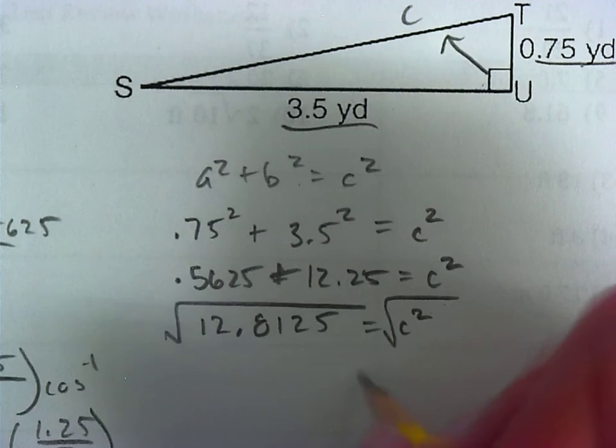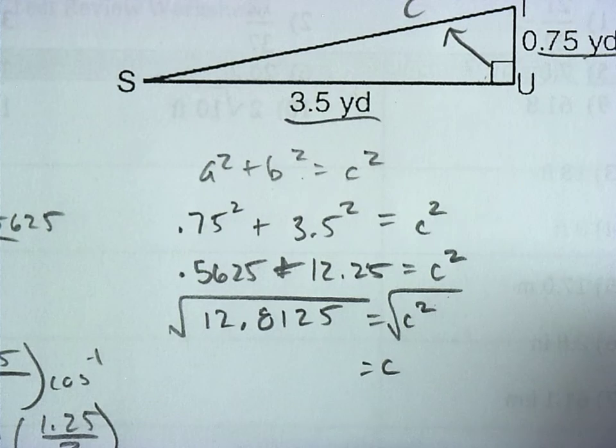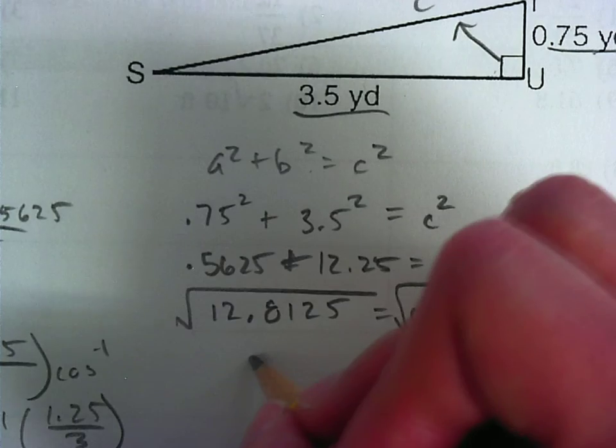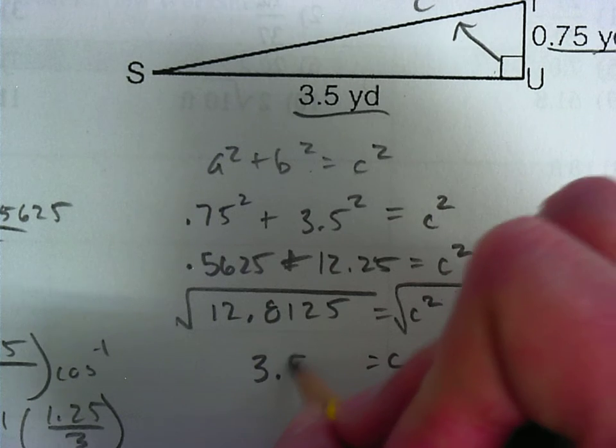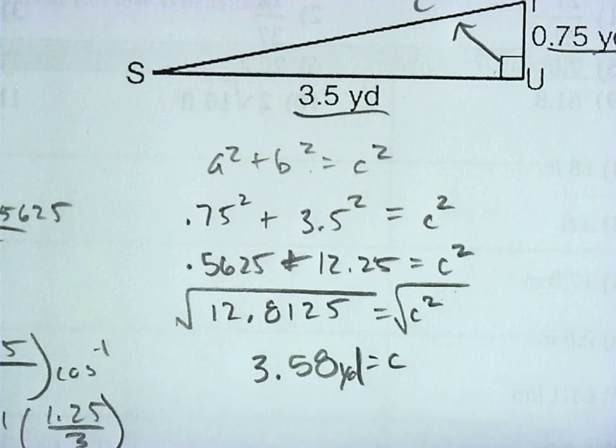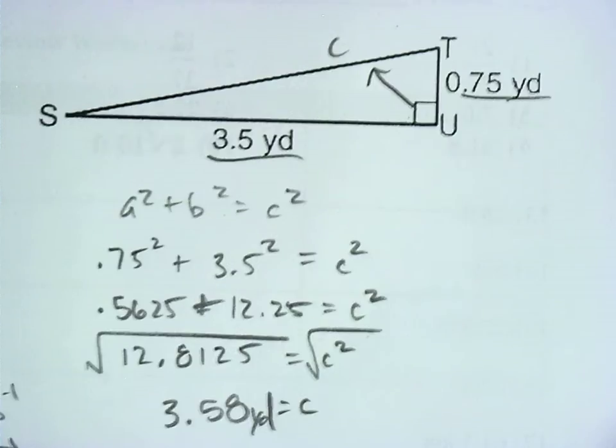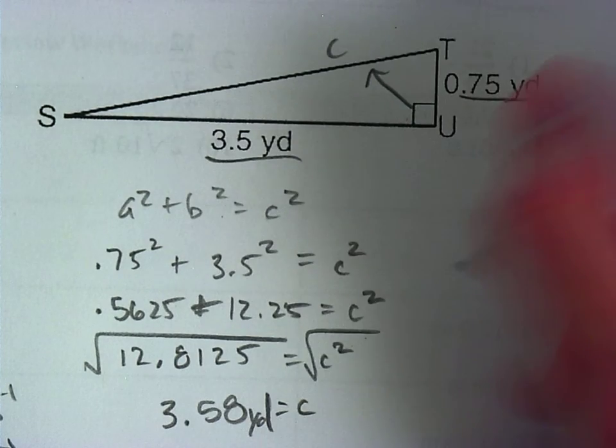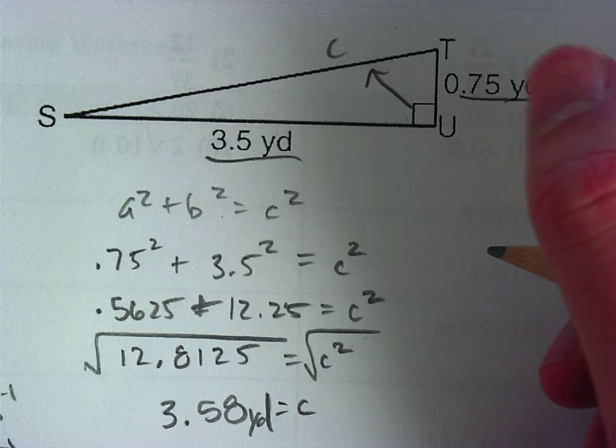Square root to find c. And we get 3.58 when we round to the nearest hundredth. So 3.58 is that last side over there.